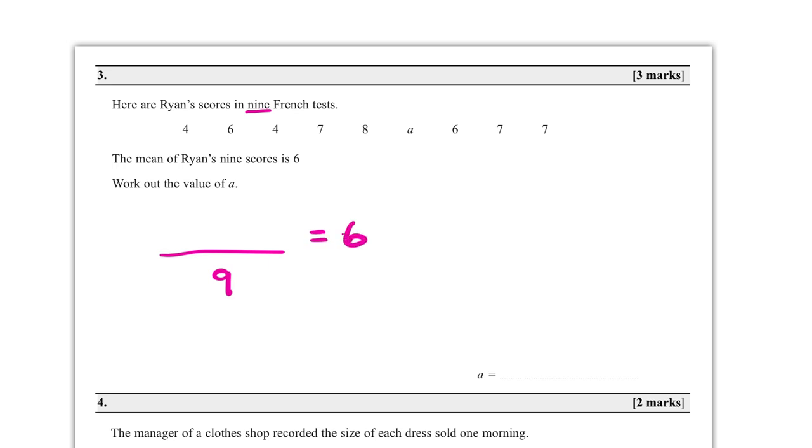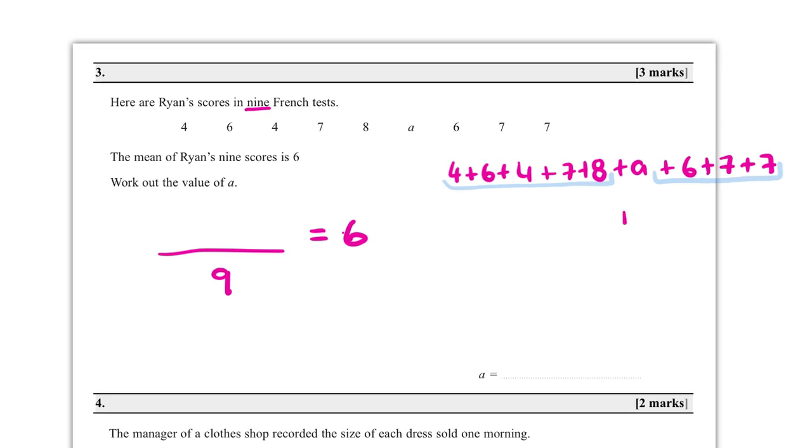So let's add them all up: 4 plus 6 plus 4 plus 7 plus 8 plus A plus 6 plus 7 plus 7. I can't add A into it, so I'm just going to add all my numbers together and then have plus A. So I got 49 plus A.